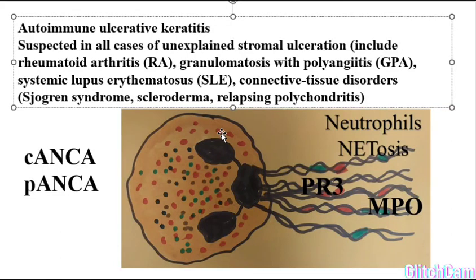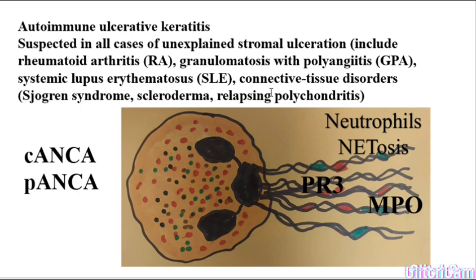Ptosis may lead to some complication in the eye. For example, it may lead to autoimmune ulcerative keratitis. These ulcers usually don't respond to local treatment and might stay for a very long time.